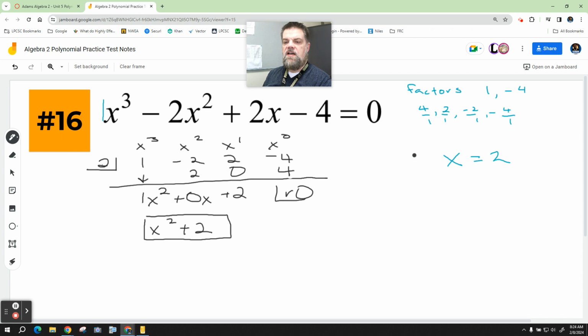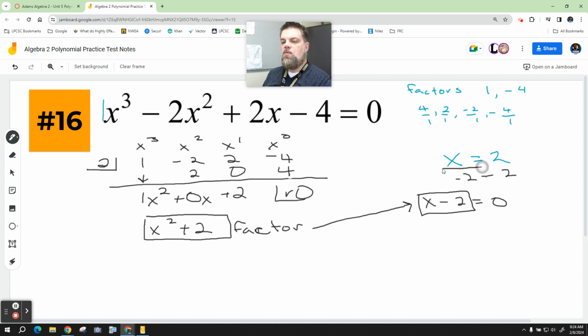So because x equals 2 is a solution, if I go minus 2 and I set it equal to 0, I get x minus 2 equals 0, which means it's a factor. Does that make sense? So really, this, and we'll talk about that in a second, but this is also a factor. So this is a factor, and this is a factor.